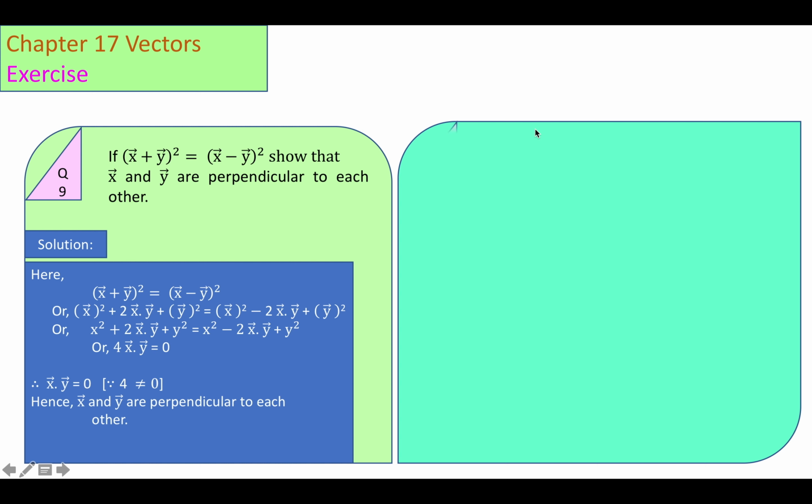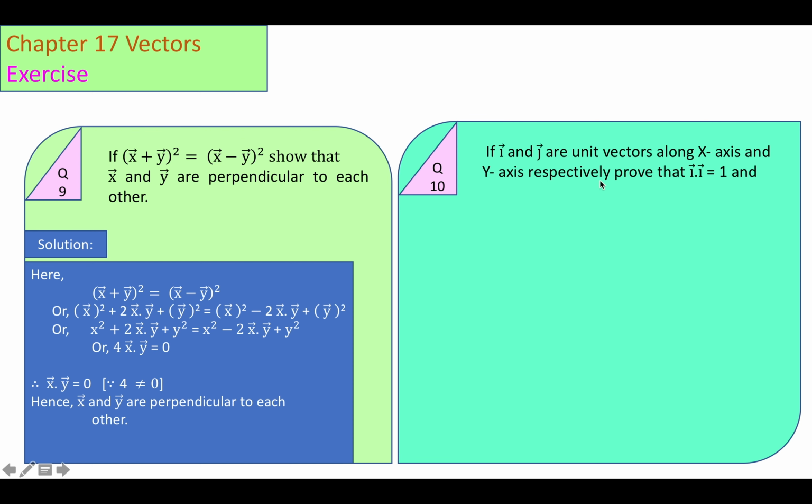Question number 10. If vector i and vector j are unit vectors along the x-axis and y-axis respectively, prove that vector i into vector i equals 1 and vector i into vector j equals 0. Solution.